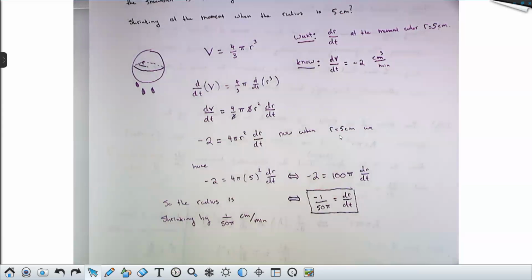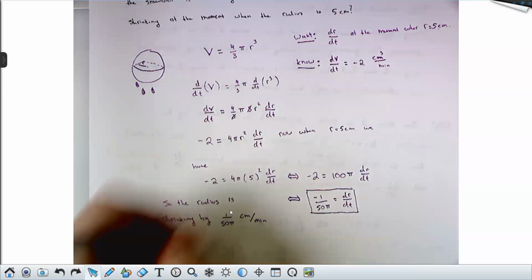Quite slowly, I should say. 50 pi is quite large, so its reciprocal is small. This is like 150, so like 1 over 150 centimeters per minute. And that would be our answer.